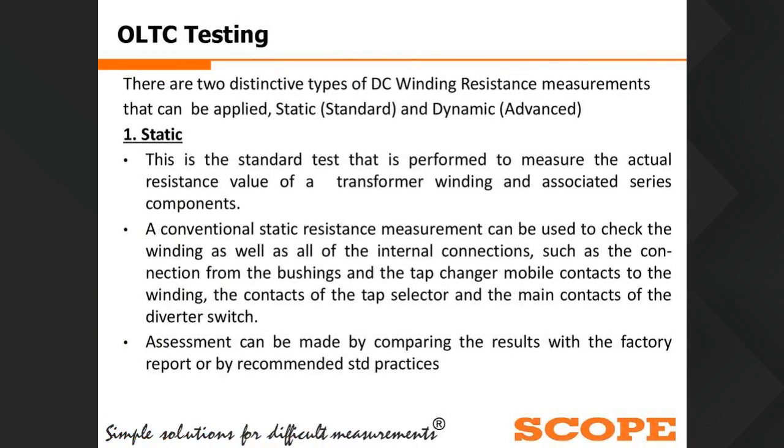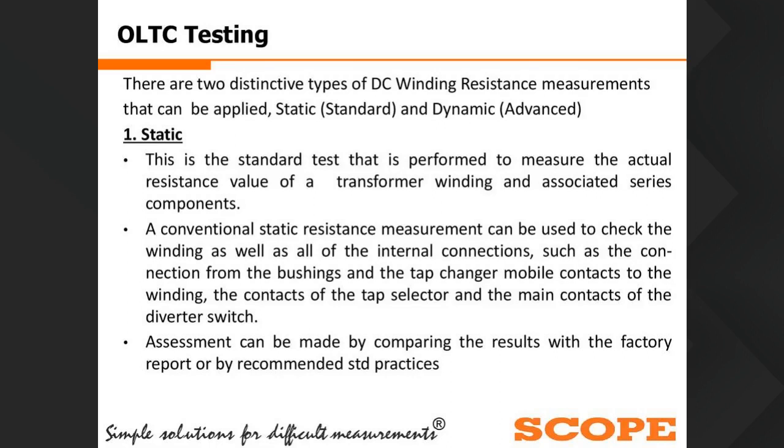To check the OLTC, there are two testing methods, static and dynamic. As I said earlier, the static method is to check the resistance of the winding and associated series components.